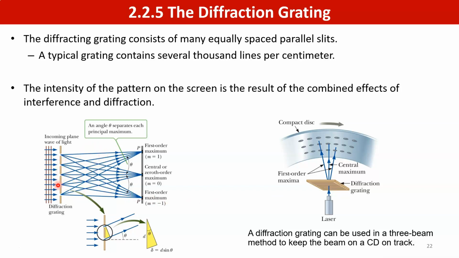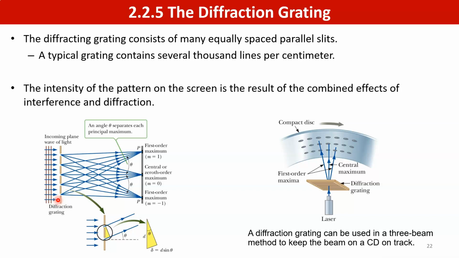Diffraction grating means that it consists of many equally spaced parallel slits, not only one slit, not only two slits, but many slits, perhaps hundreds, thousands, millions of slits.